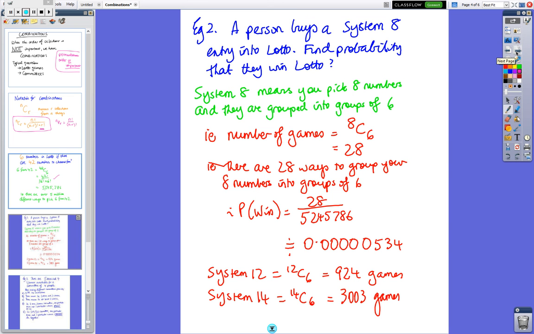Okay, so I'm going to talk about system entries, because that's what happens often. People get together, or you might have 7 lucky numbers, so you can play a system entry. And what the computer does at the newsagent is actually just groups all the numbers together in groups of 6. So if you have system 8 entry, you get to pick 8 numbers, but you're still getting arranged in groups of 6. Okay, so the number of games that you play for system 8 is 8C6.